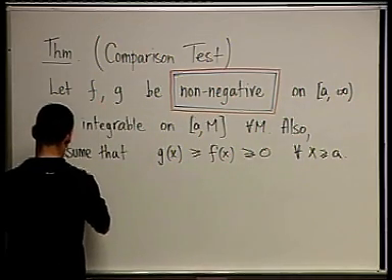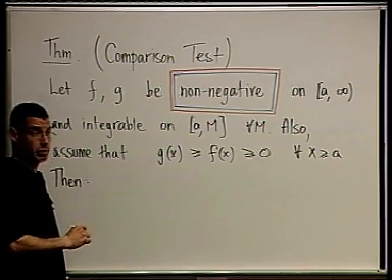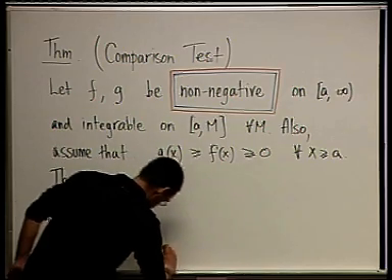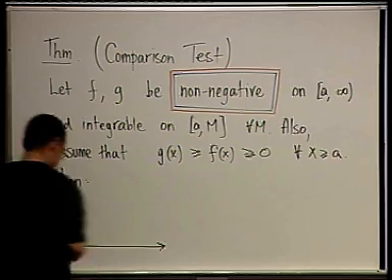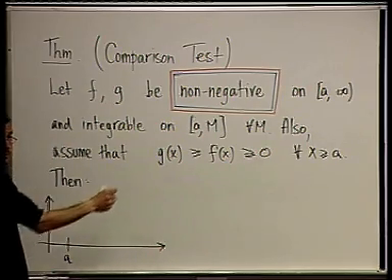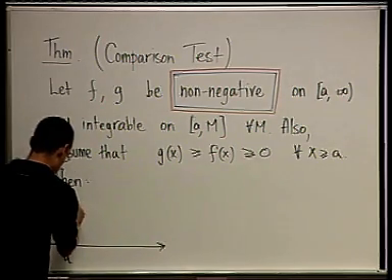Then, and let me draw the picture before I actually write the result. So the picture is this. Here's a. There's infinity. Do you see it? And we have two functions. One, we call it g.